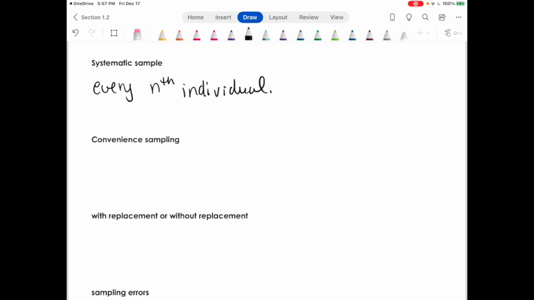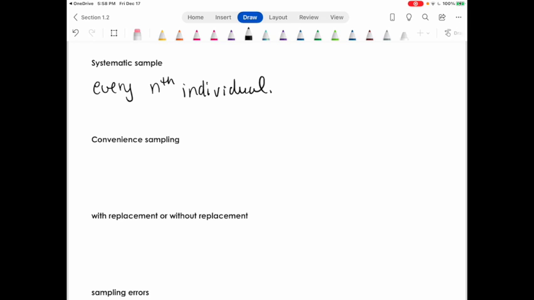Okay, the next kind of sampling is called convenience sampling. And this is not a random sample. Convenience sampling is when you're using results that are readily available for you. That makes it easy for you to pick your sample, but it might not necessarily be the best way to do it.